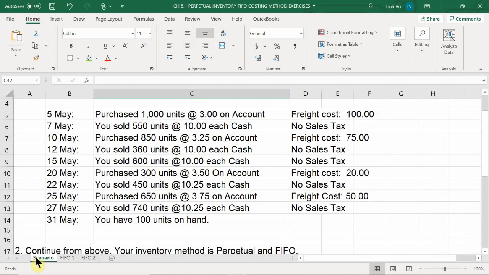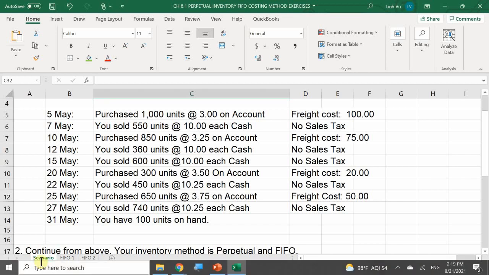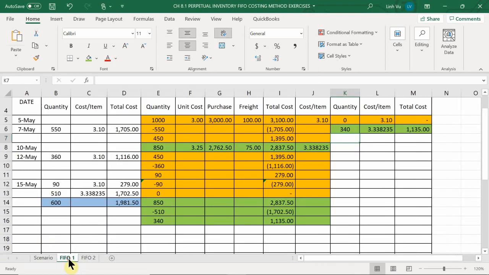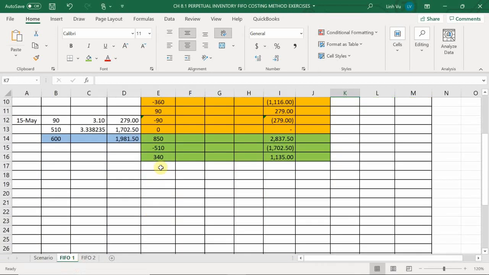So then let's take a look at the next scenario, which is May 20th. We're going to purchase 300 units at $3.50 with the freight costing $20. So here we are. We purchased 300 units at $3.50 with a freight of $20.